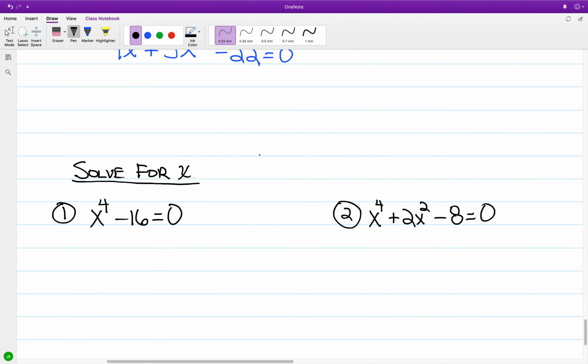Now, a case of what we have for equations that are quadratic in form, we have x to the 4th minus 16 is equal to 0. And now for x to the 4th, if I were to factor out equal degree expressions that will multiply into x to the 4th, we have not just x, but x squared. And for minus 16, we have x squared plus 4 and minus 4.